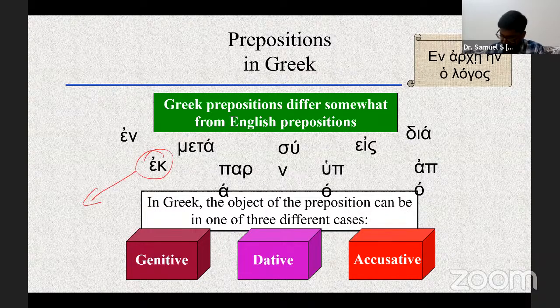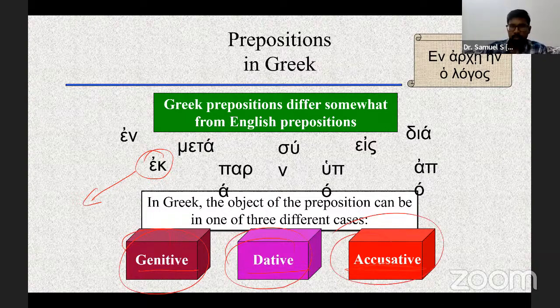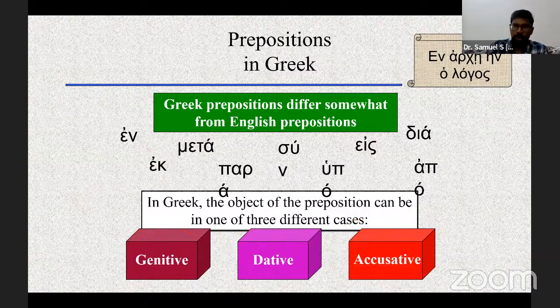Ek could have genitive, dative, accusative. Now, in this class, we will see that not all prepositions take all three cases. Some prepositions only take one case, only one of these. Some prepositions take only two cases. Some prepositions take all three cases, right? We'll look at those variations and combinations as we go.